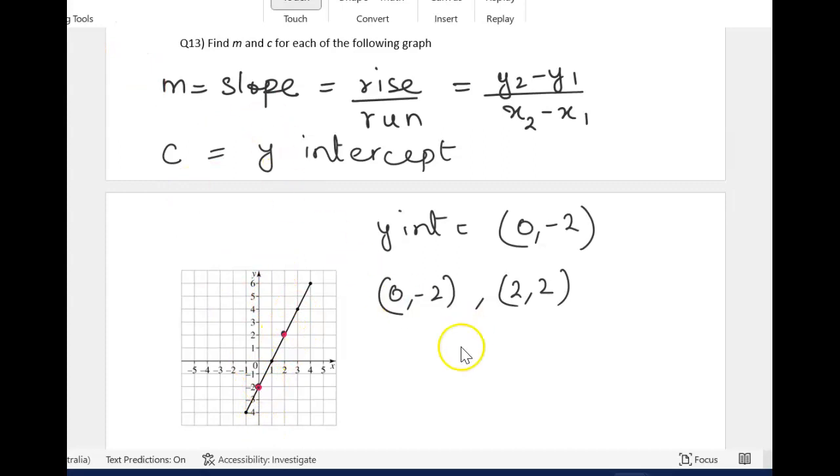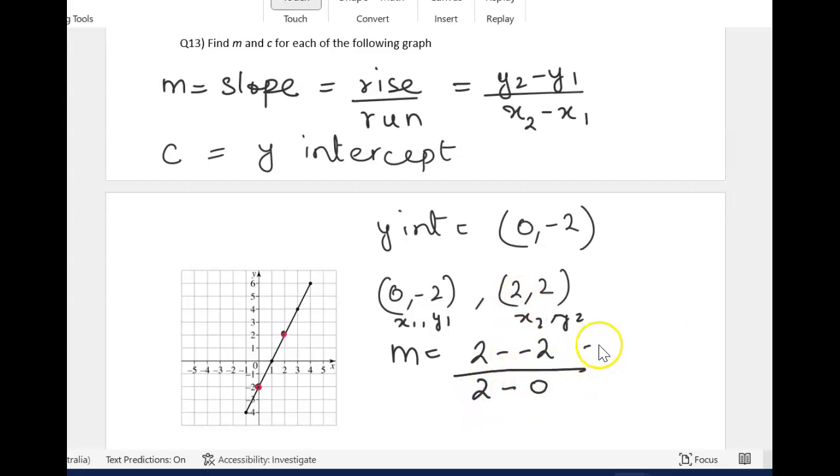And now I'm going to find the slope. Okay, so m is y2 minus y1. Okay, so if I say this is x1 y1 and this is x2 y2, then y2 minus y1 over x2 minus x1, which becomes 2 plus 2 is 4.